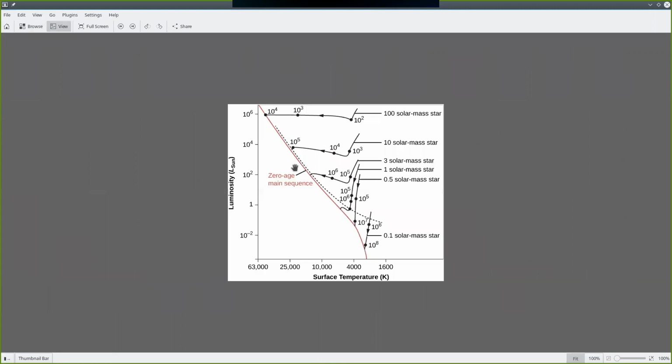okay, this is start modeling this part of the Russell diagram.